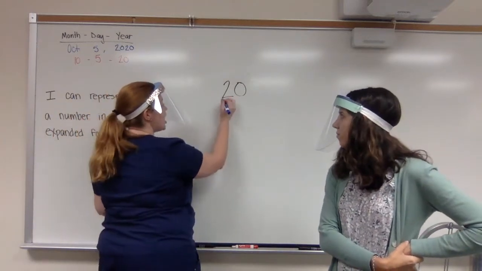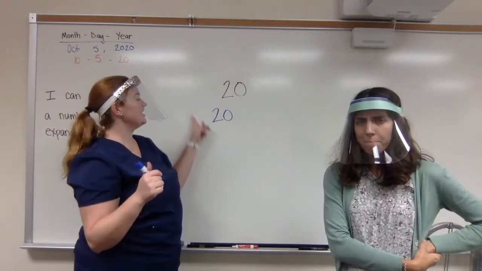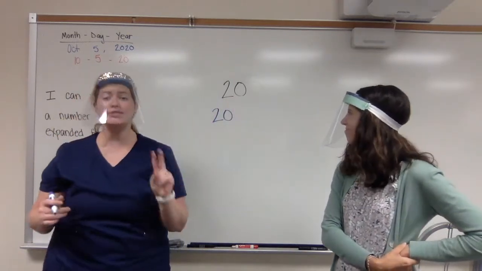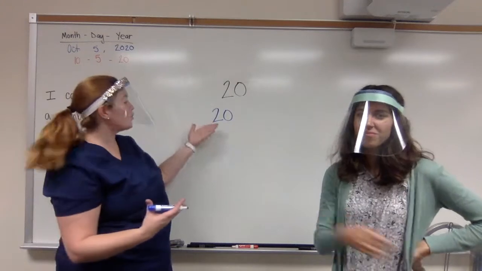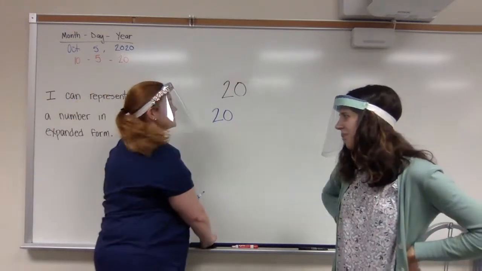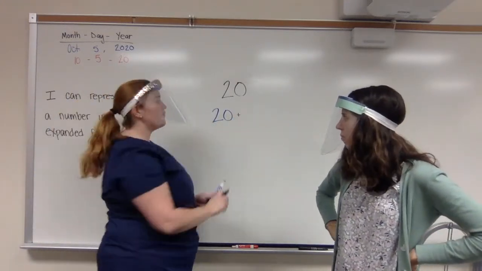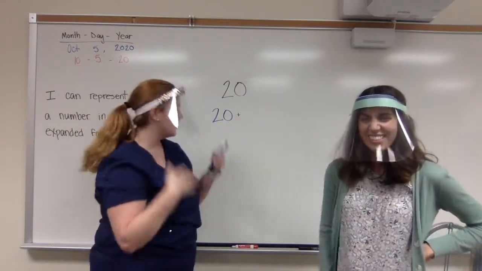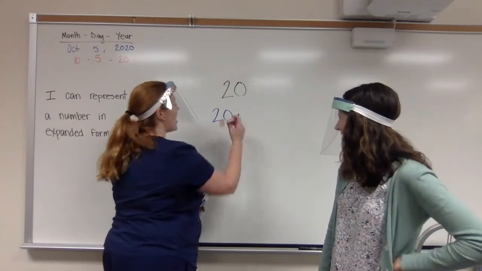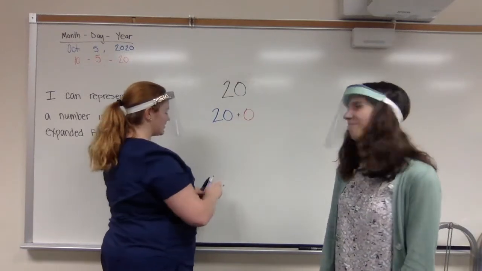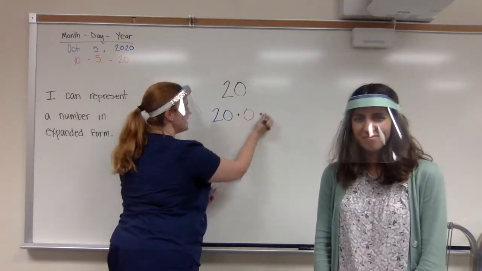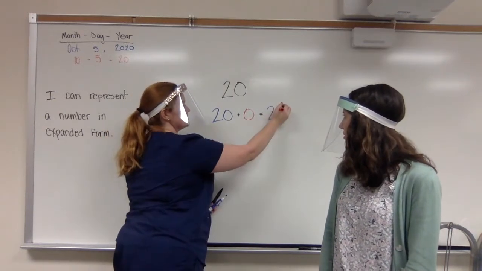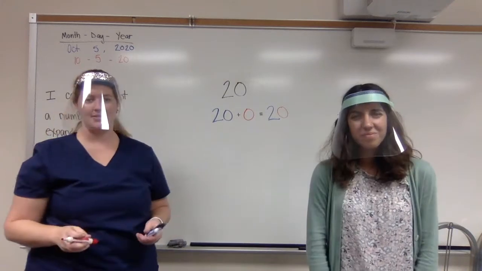So I know this is going to be 20. It's the total value of my tens place. I have 2 10s, and 2 10s are worth 20. Plus the total value of my ones place. And 0 ones is 0. So I have 20 plus 0, and I know that's going to equal number 20. So there is my expanded form.